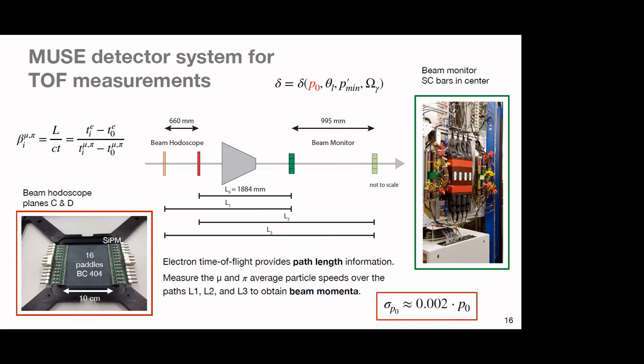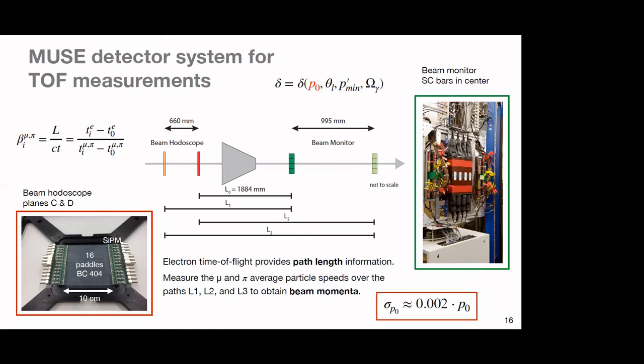And we can finally, that's the third option, that's the original plan. We can make dedicated time of flight measurements within our experimental system by measuring the flight time of pions and muons from the beam hodoscope to the beam monitor, and we can vary the flight path and get a selection of time of flight measurements, which we can then analyze and extract the particle momentum.